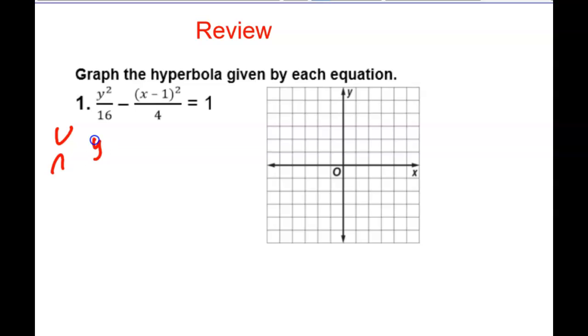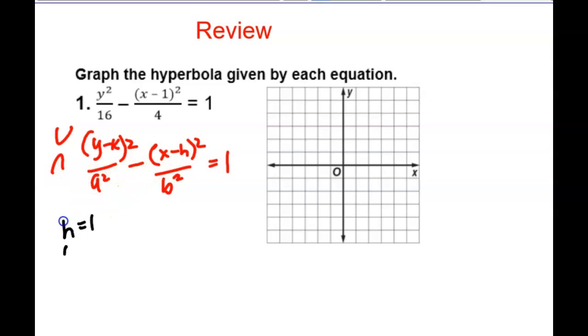Okay, so this is (y minus k) squared over a squared minus (x minus h) squared over b squared equals 1. It helps to write that, okay? So h is 1, k is 0, a is what? And b is 2. So the center is at (1, 0), which would be here.